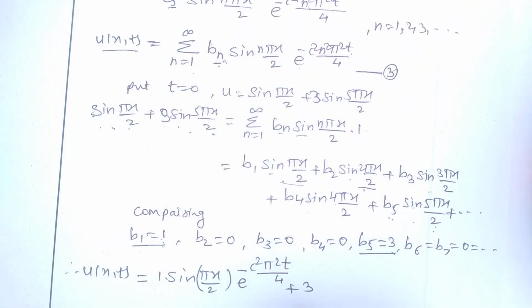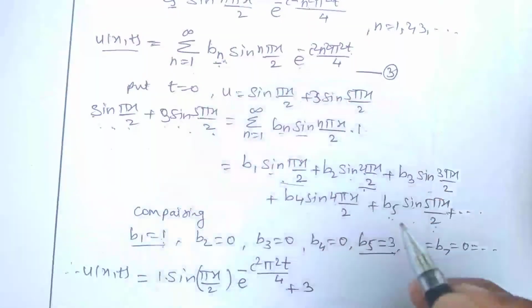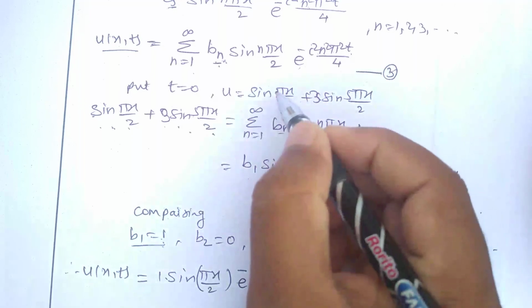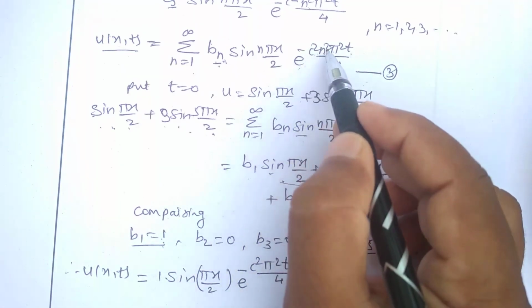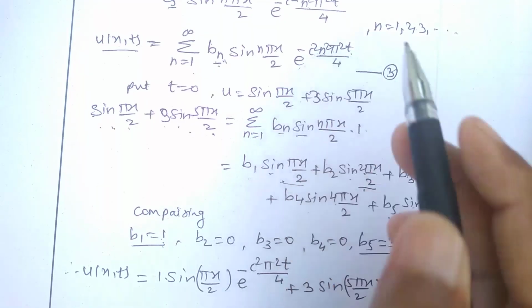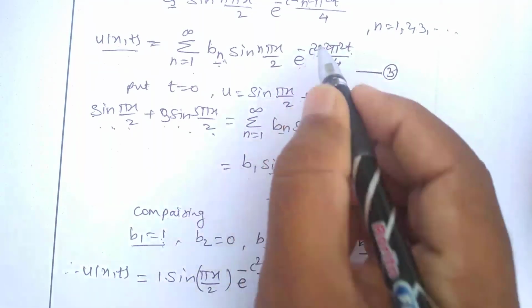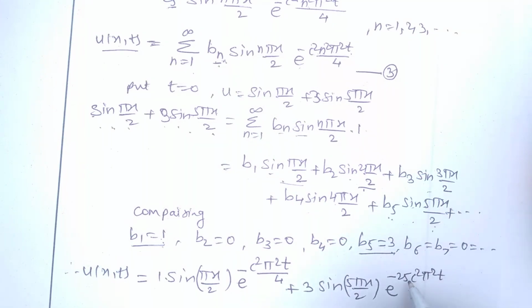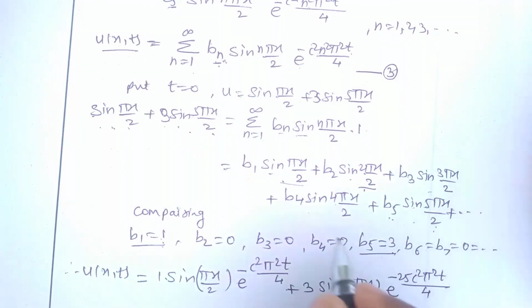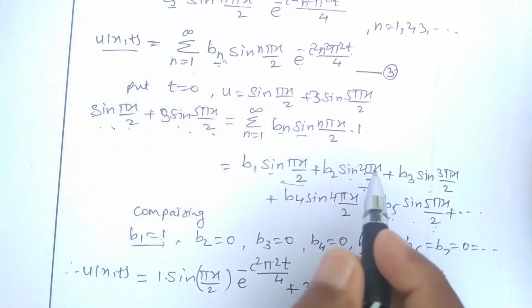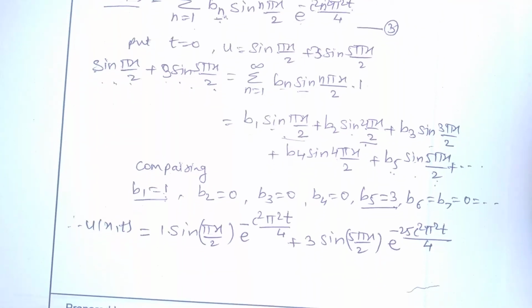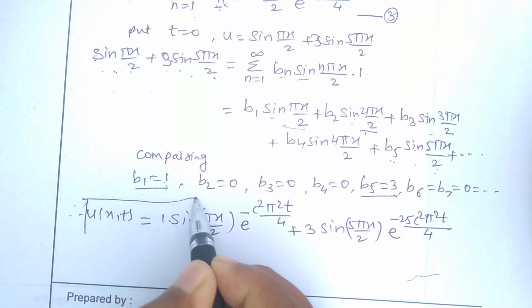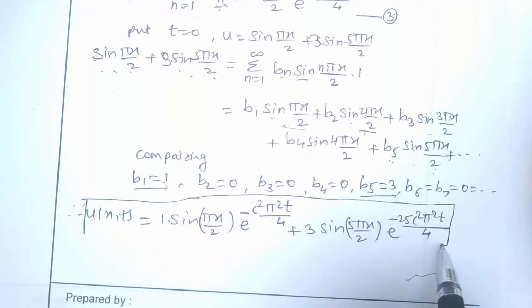The value of b5 is 3, so 3 into sin 5 pi x by 2 into e raised to minus c square n square pi square t upon 4, but n is 5, so n square is 25, and you have to write minus 25 c square pi square t upon 4. Then plus, when you put n equals 6, b6 is 0, when you put n equals 7, b7 is 0, so all remaining terms become 0, and we will get this as the final solution of the given heat equation. This is our final answer.